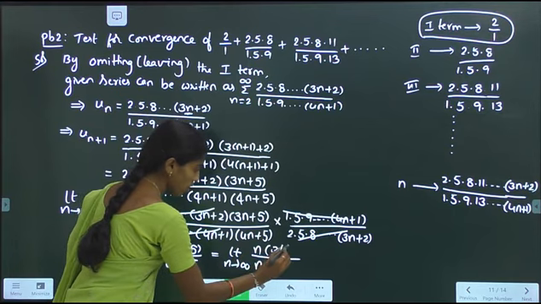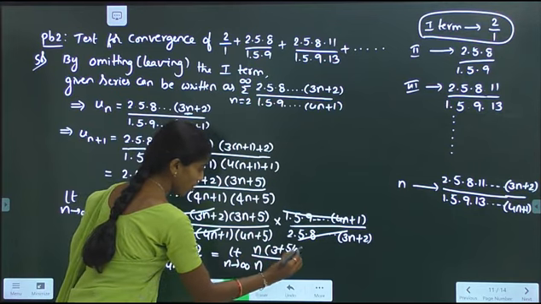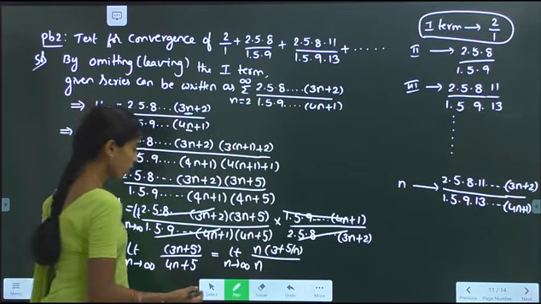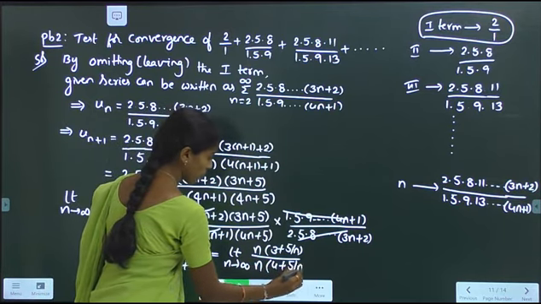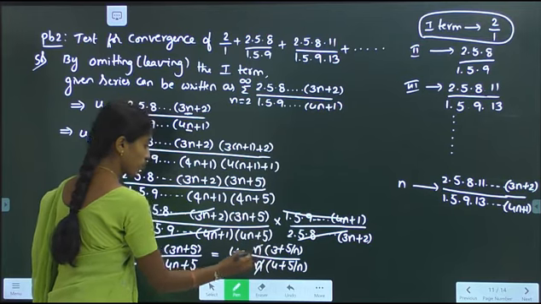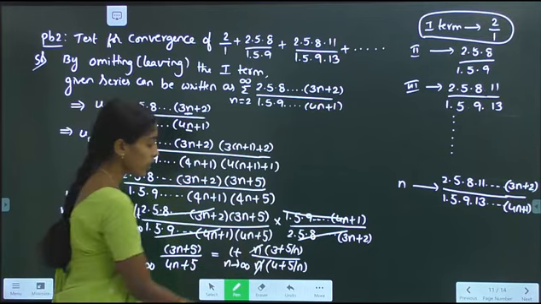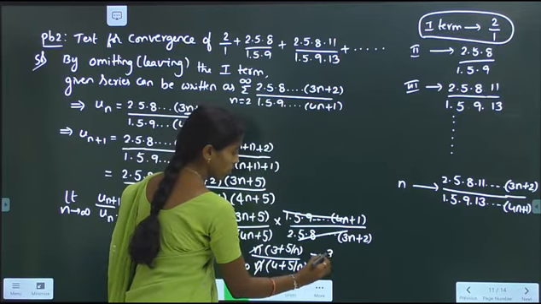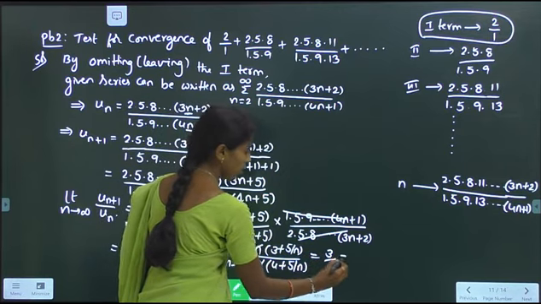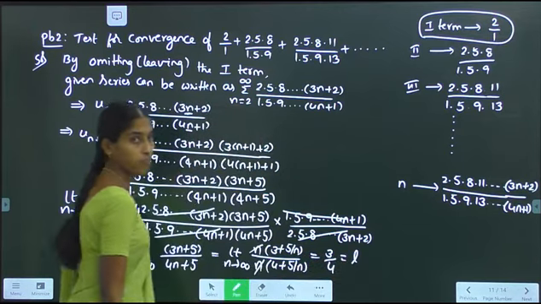So it becomes 3 plus 5 by n, 4 plus 5 by n. As n tends to infinity, 5 by n tends to 0, which is equal to 3 by 4. It is the limit value L, right?